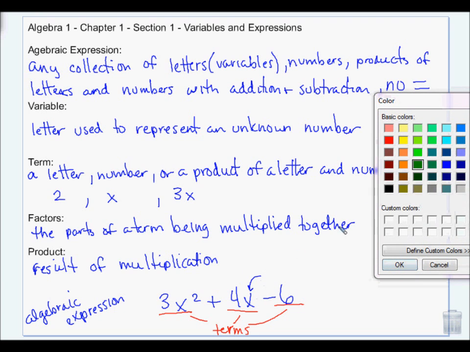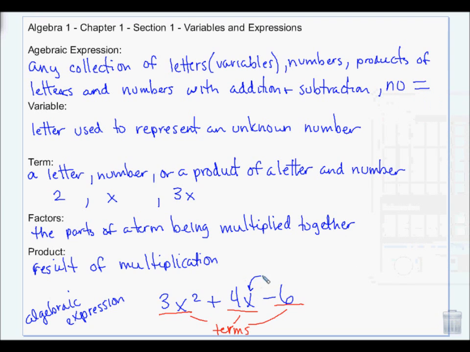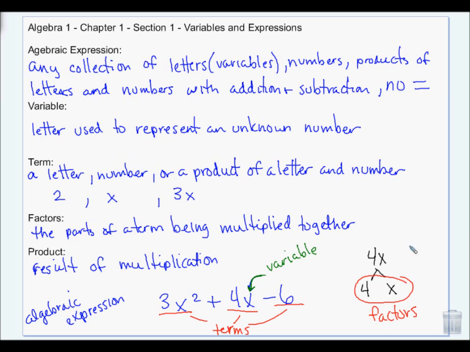This x right here, that's a variable. And then if I take like 4x, I can break that into 4 and x. Those are the factors. And then 4x is the product.